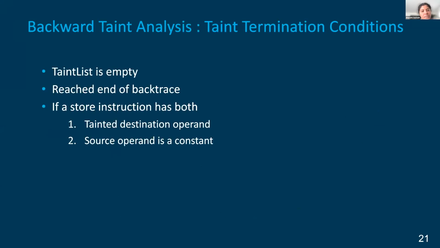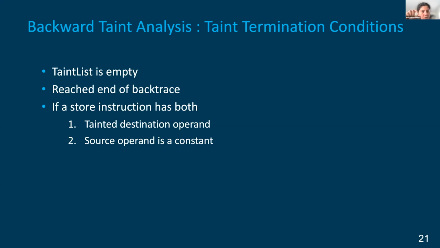So we continue the taint analysis until the taint list is empty or we have exhausted all functions in the backtrace. And when we see a store instruction that has its destination operand in the taint list and a constant value is written into it, then we mark that as the end of that tainted operand, and we record this instruction.